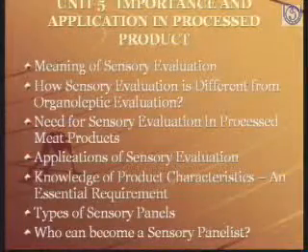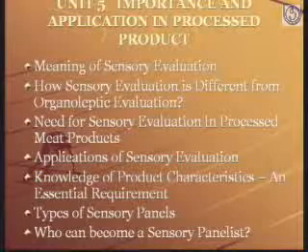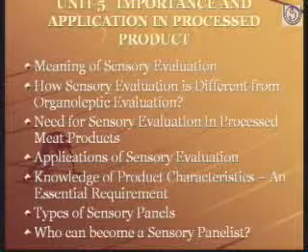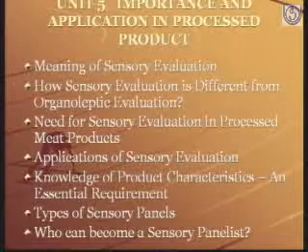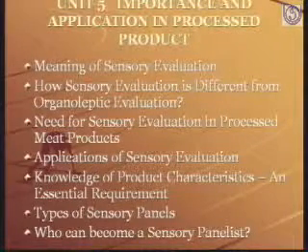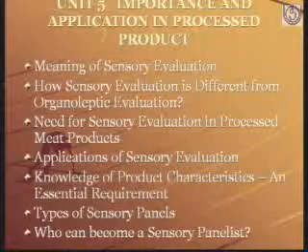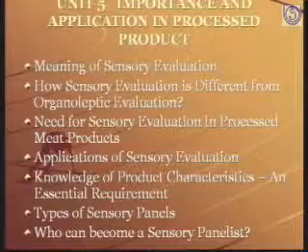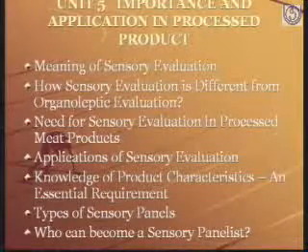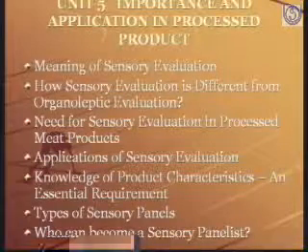The first unit will explain what sensory evaluation is, how it is done, what the 5 different senses are that we use, and particularly which sense is more important. Then in processed meat, how we apply this sensory evaluation, product characterization, how different types of sensory panels are formed, and who can be a sensory panelist.